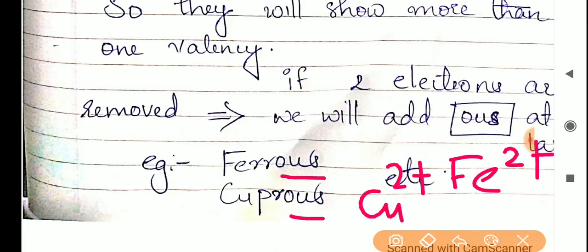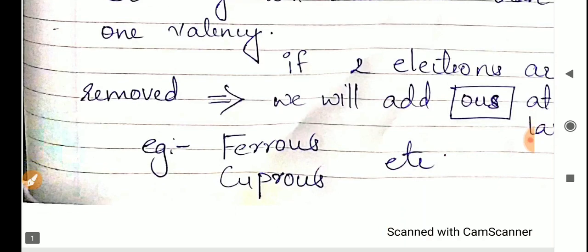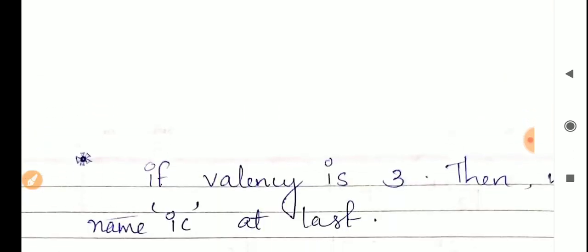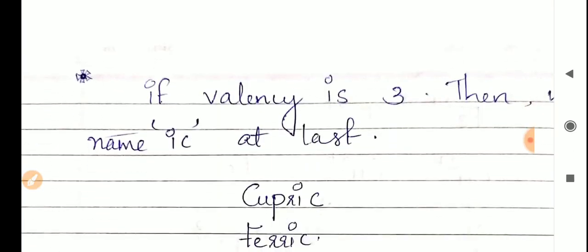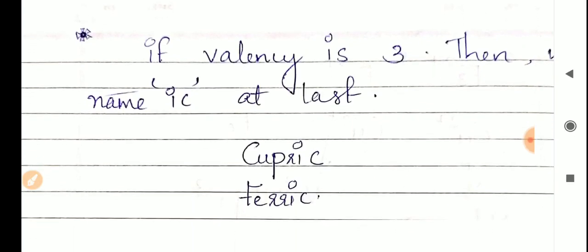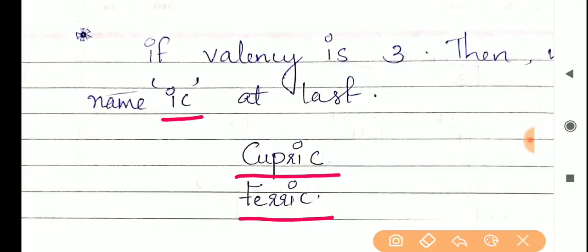So if only 2 electrons are removed, we will use OUS as the suffix. Understand? And if 3 electrons are removed, if the valency is 3, like Cu3+, Fe3+, then in their name at the last we will use IC, like cupric, ferric, etc.